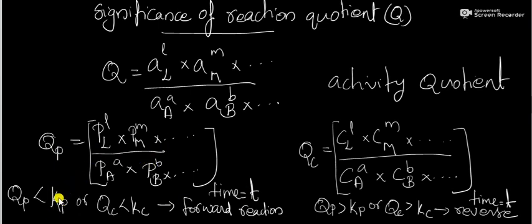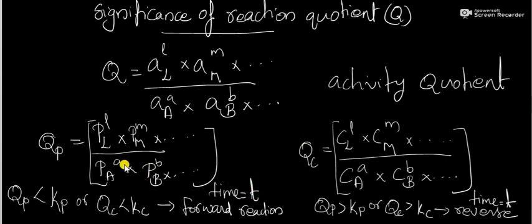Kp, Kc, Kx are equilibrium constants, whereas Qp, Qc are not necessarily the equilibrium constants. That is a constant for a specific time T.